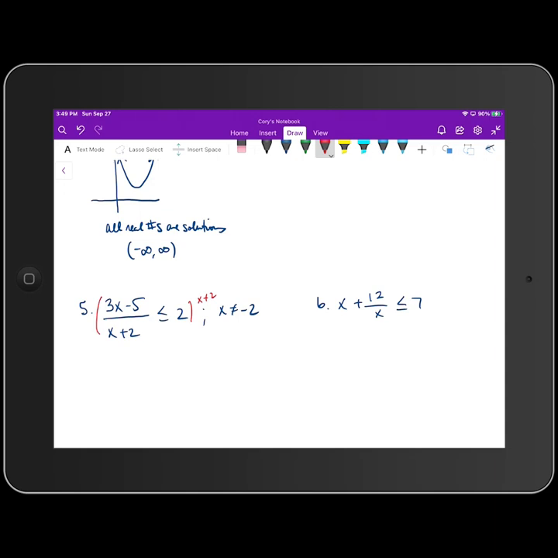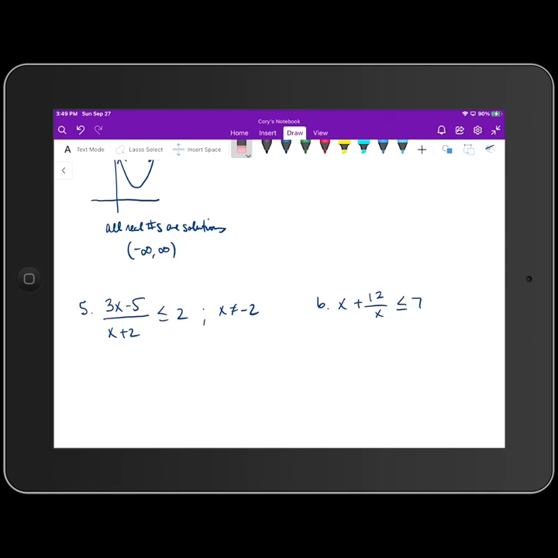But if x plus 2 is a negative number, then when I multiply both sides by a negative number, the sign of the inequality changes. So we don't know if I multiply both sides by x plus 2 to keep the sign of the inequality the same or to change the sign of the inequality. Okay, so we can't multiply both sides of an inequality by x plus 2.